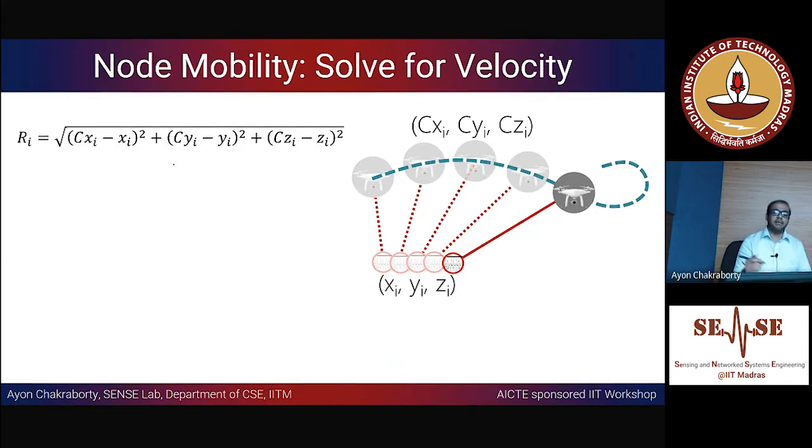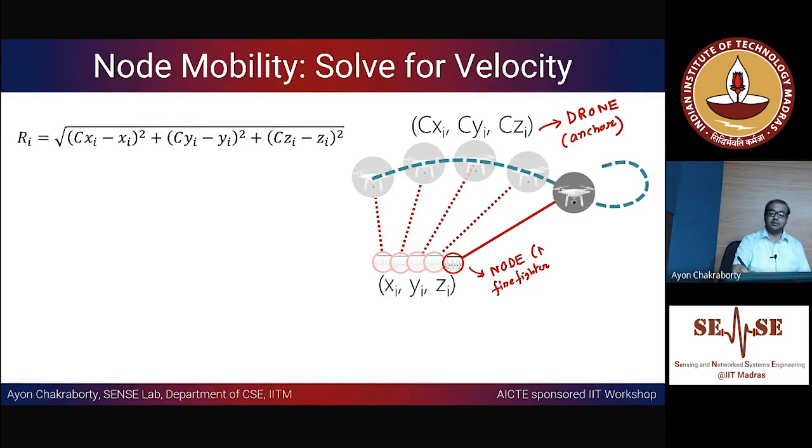Just coming back to the notations here, CXi, CYi, and CZi are the location of the drone or the anchor. So this is the drone location, or basically it is proxying for the anchor. And these are the node location, the node or the firefighter.